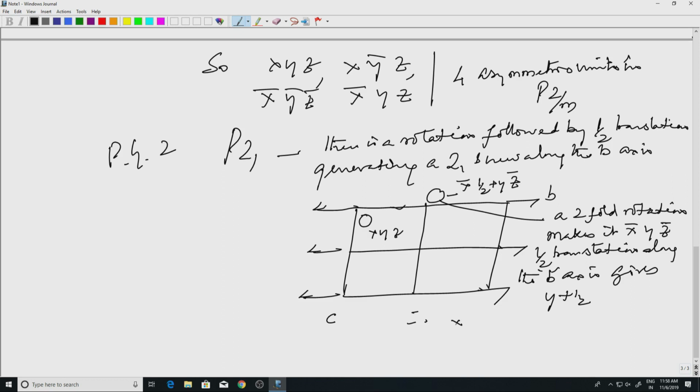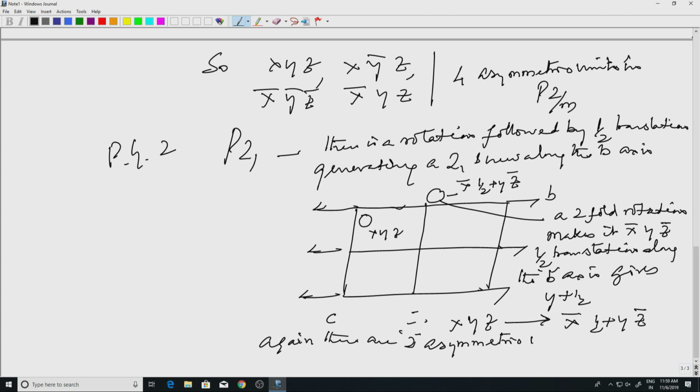Therefore, x, y, z gives x bar, half plus y, z bar. Again, there are two asymmetric units.